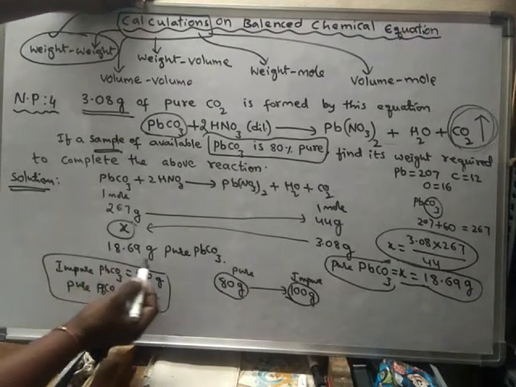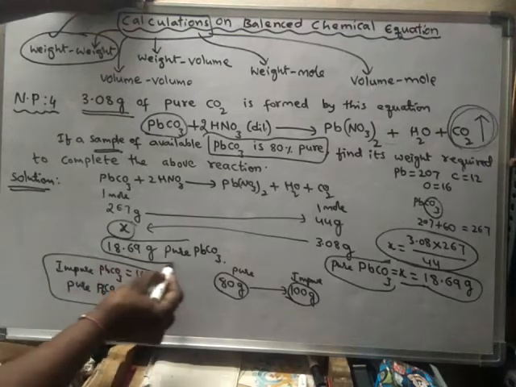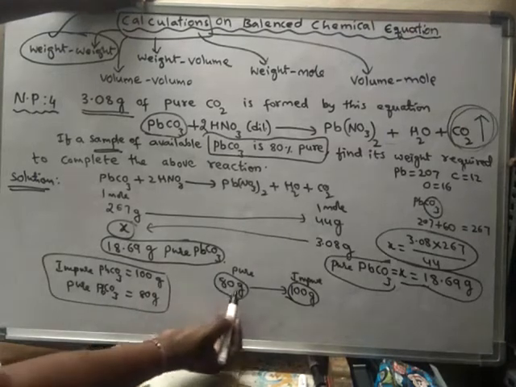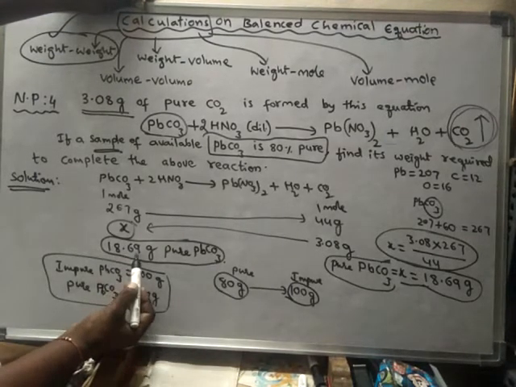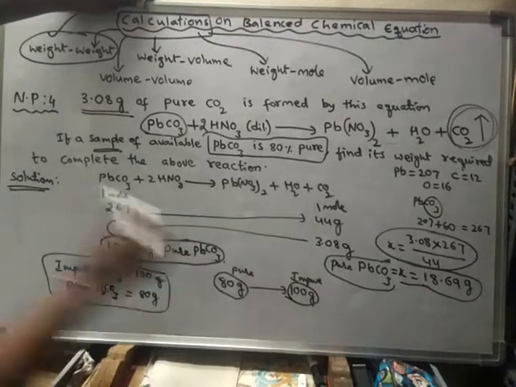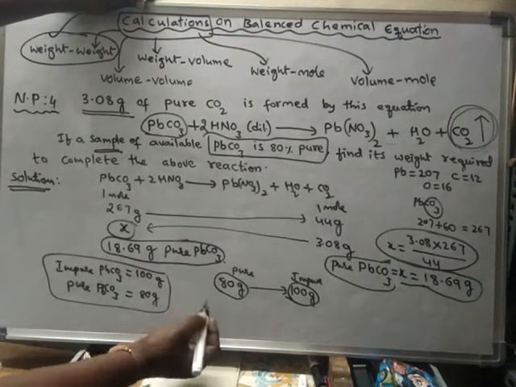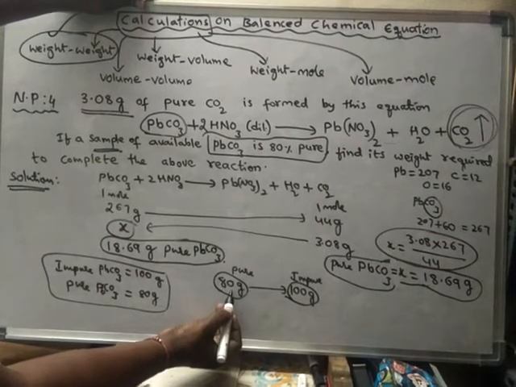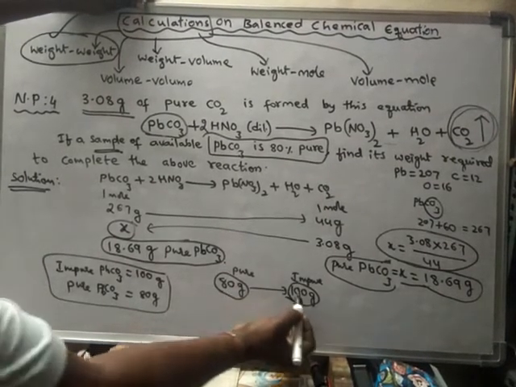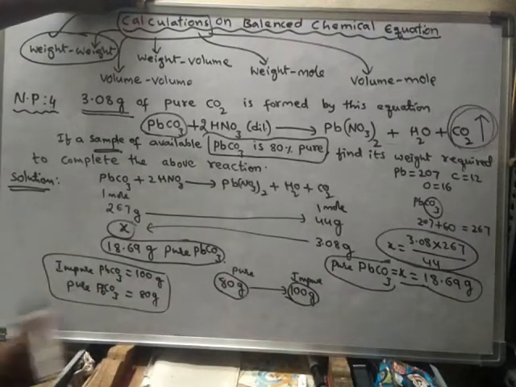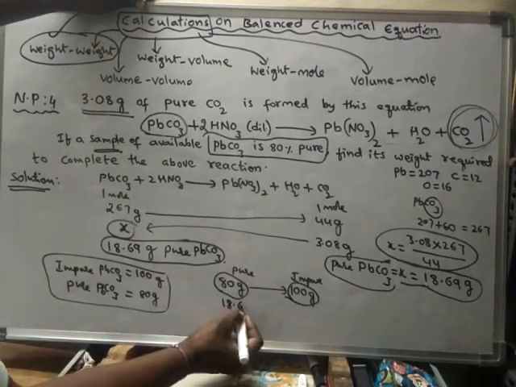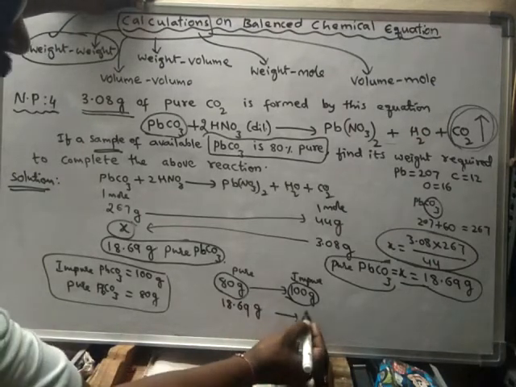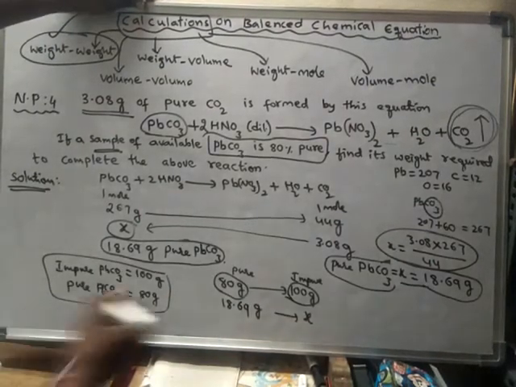Here in the question, we got only 18.69 grams of pure carbonate. We don't have 80 grams of pure carbonate. We got only 18.69 grams from the calculations. Since 80 grams of pure lead carbonate is obtained from 100 grams of impure lead carbonate, then 18.69 grams of pure lead carbonate can be obtained from how much impure lead carbonate?